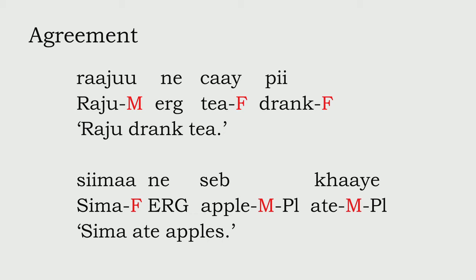Again ne is an ergative marker, seb is apple, which gets masculine gender in Hindi, and ate is khaye. Now, there is a marker of plurality on this verb. Therefore, we understand that the word seb is plural.